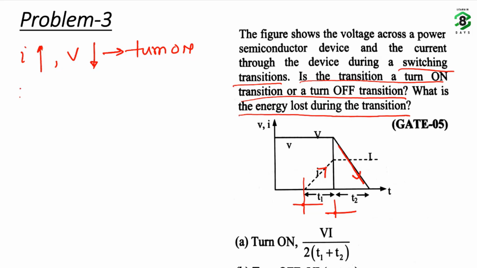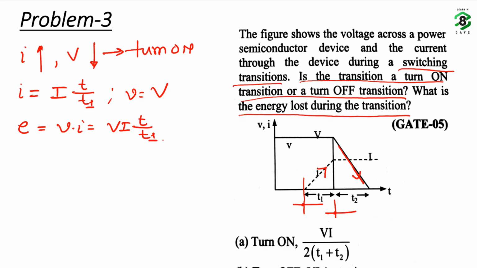So for T1, what is the current equation? I can be given as capital I t by T1, and during the duration of T1, V is constant. So what is the energy? V into I, that is V I t by T1. The total energy loss for the duration of T1 can be given as the integral from 0 to T1 of e dt.